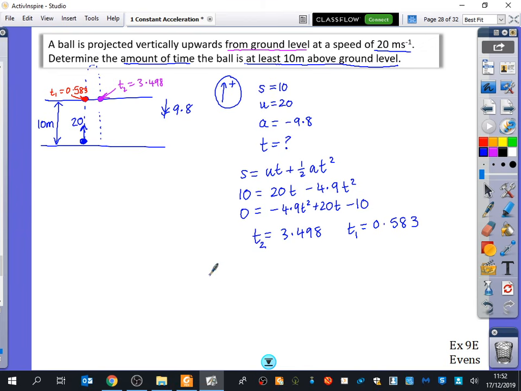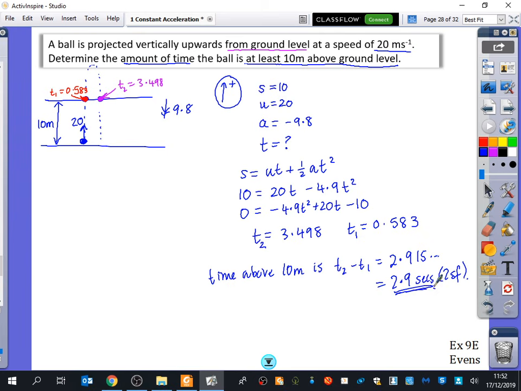So we can say time above 10 meters is T2 minus T1, which is this one take away this one. So you get 3.498 minus 0.583, and you get 2.915, which is going to be 2.9 seconds to two significant figures.